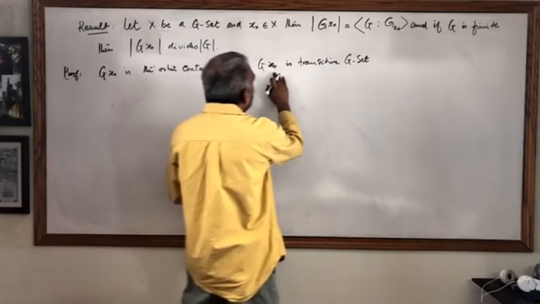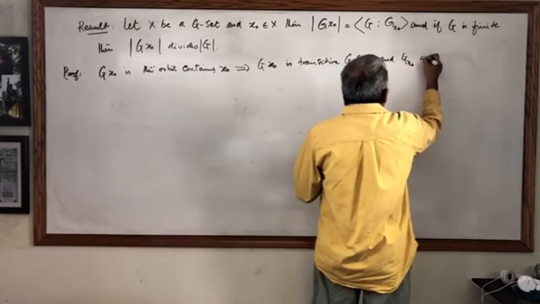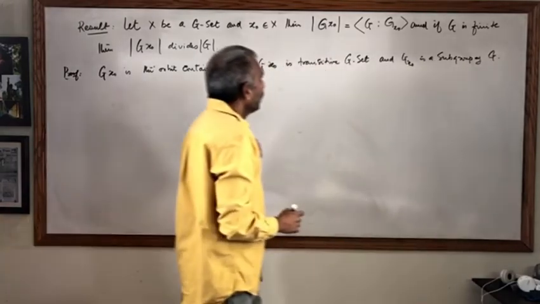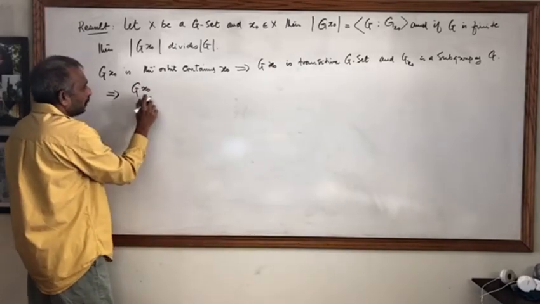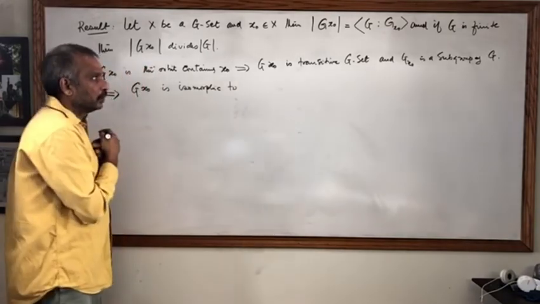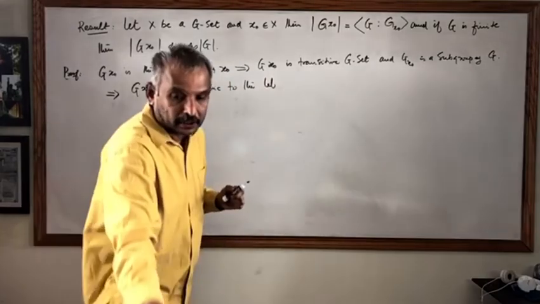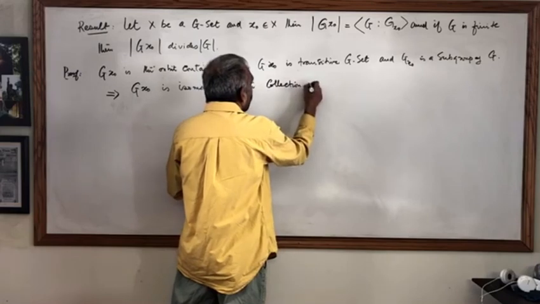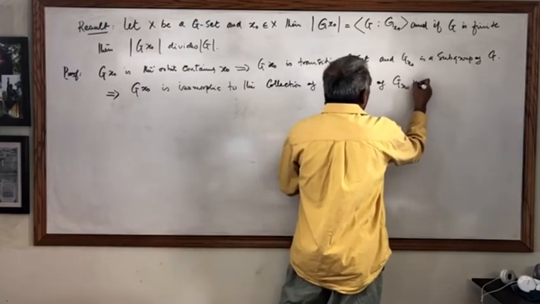So this is a transitive G-set, and the stabilizer of x0 is a subgroup of G, and that means the orbit Gx0 is isomorphic to the collection of left cosets of the stabilizer in G.